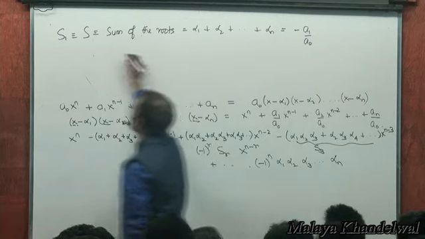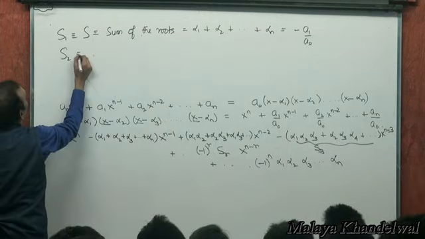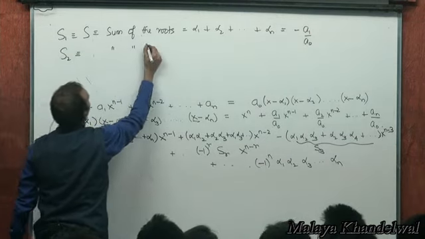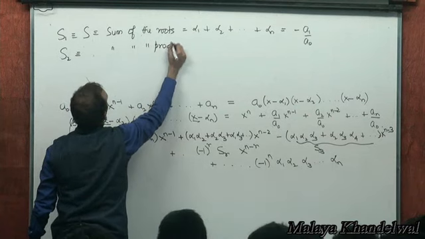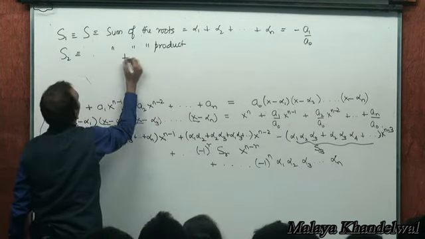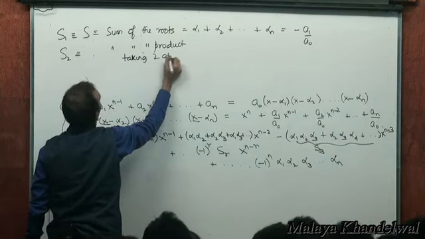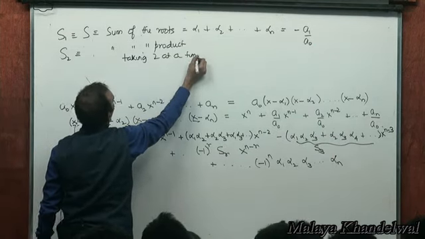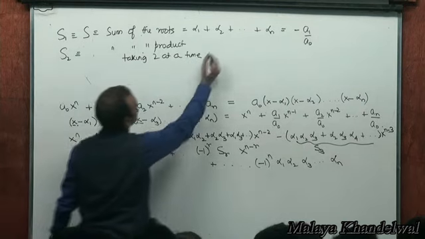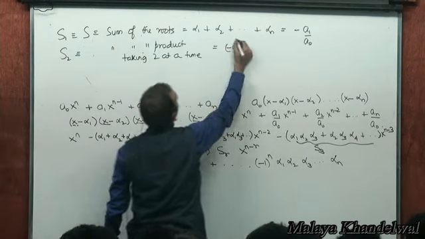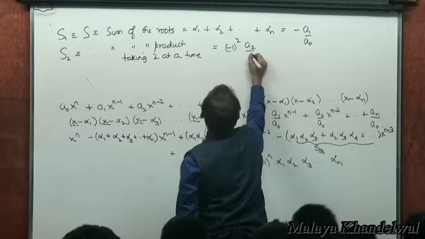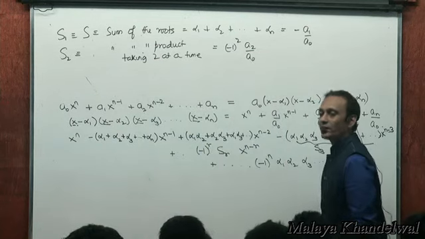Then S2, which is sum of the product taking 2 at a time, would be minus 1 squared into a2 by a0, equating coefficient of x power n minus 2.